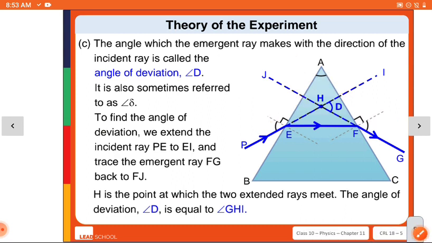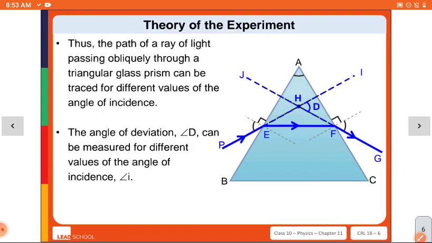So that is the angle of deviation. Thus the path of a ray of light passing obliquely through a triangular glass prism can be traced for different values of the angle of incidence, and the angle of deviation D can be measured for different values of the angle of incidence.